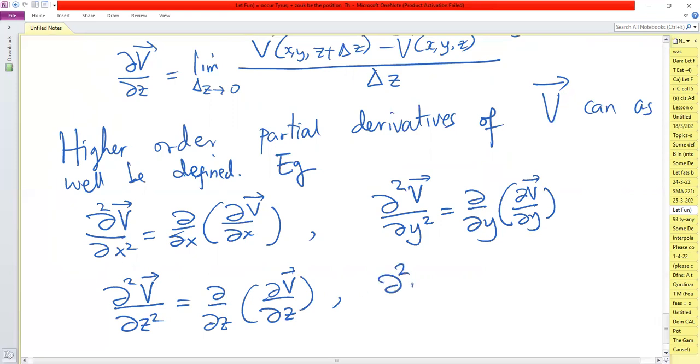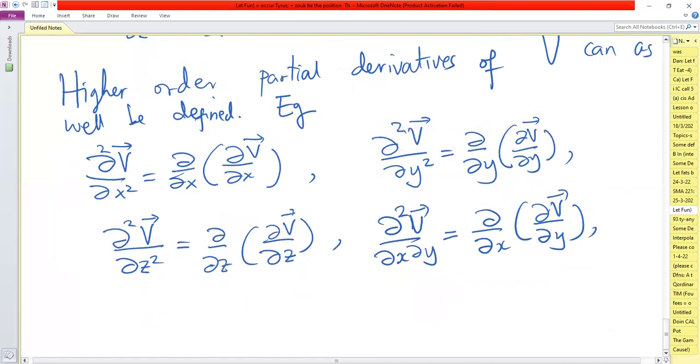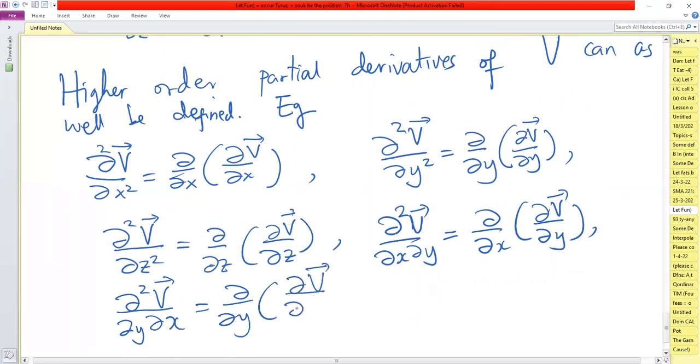And if we define this mixed partial derivative, this is the same way we can write it, and the other mixed partial derivative can be written in this form, etc. So you can as well define other higher order partial derivatives of the vector v.